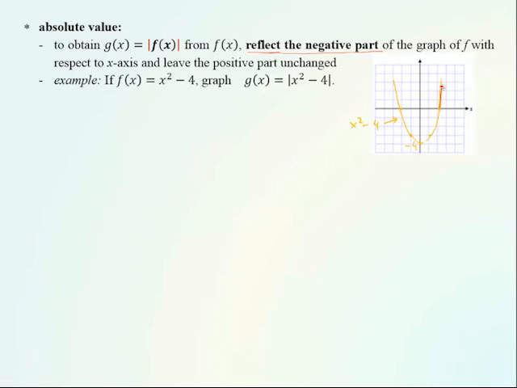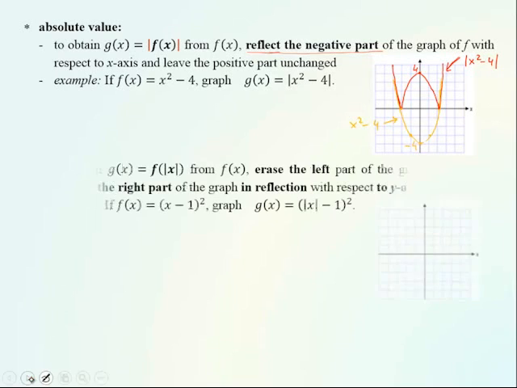This graph leaves the positive part of the yellow graph exactly the same, no change. However, the negative part will be reflected over the x-axis. So negative 4 will become 4, and the shape will look like this. So the red shape is the shape of absolute value of x squared minus 4.